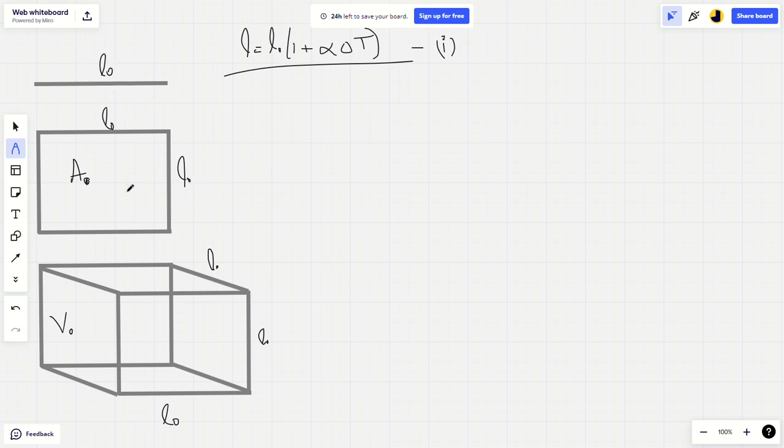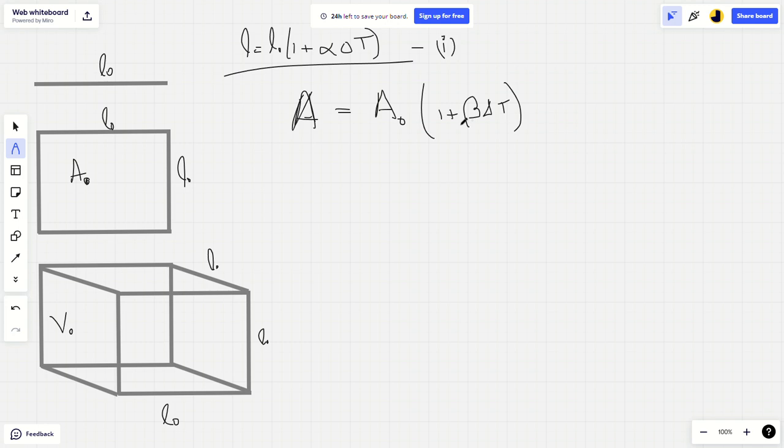So we can assume that the final area of this square is going to be A. A equals A0 (1 plus beta delta t).